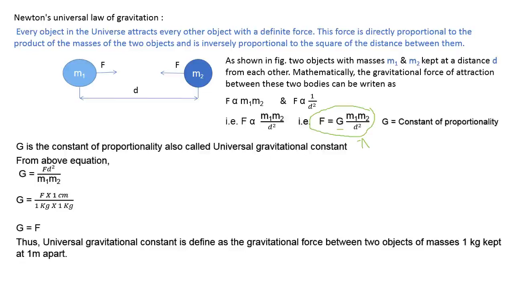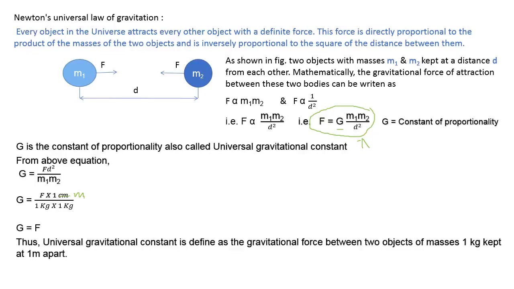So, universal gravitational constant is defined as the gravitational force between two objects of masses 1 kg kept 1 meter apart. Okay, here my mistake, it's not centimeter, it's a meter, 1 meter. So make changes here. Remember, this is not a centimeter, this is a meter, because we are considering the SI unit, and the SI unit of distance is the meter.